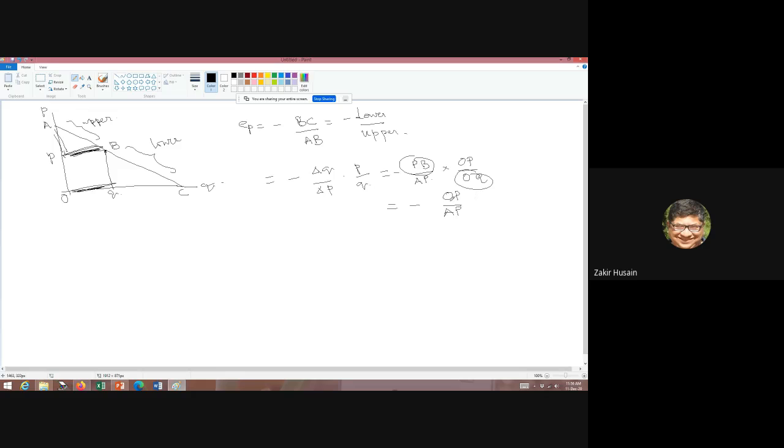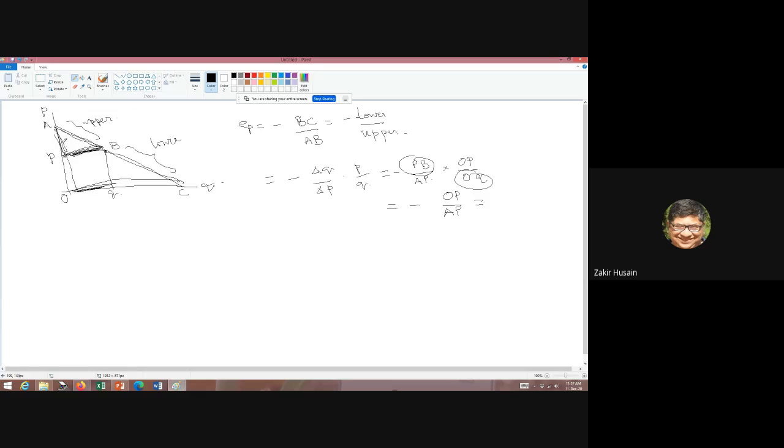Okay. Now, if you look at this triangle and this triangle, these two triangles are similar triangles. You're simply scaling up the smaller triangle.